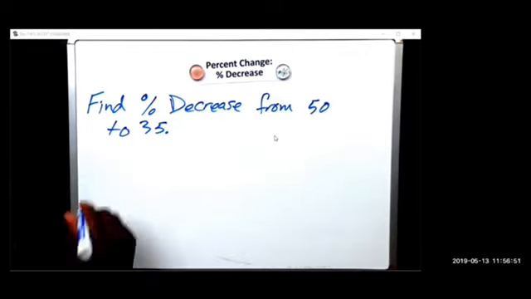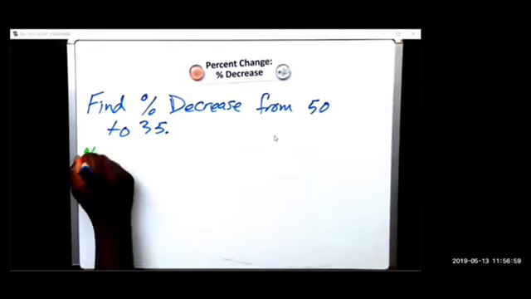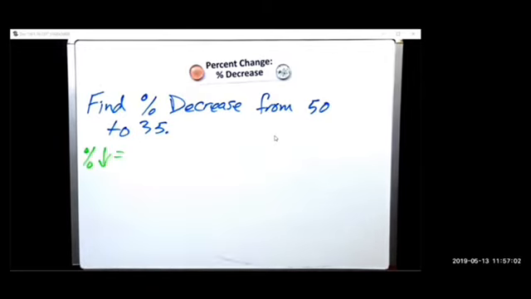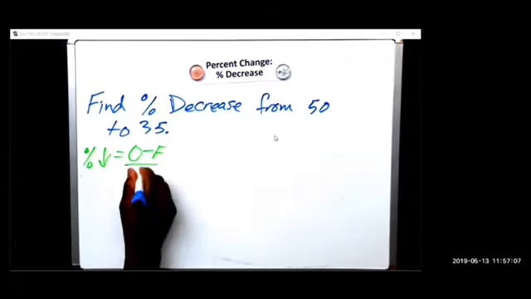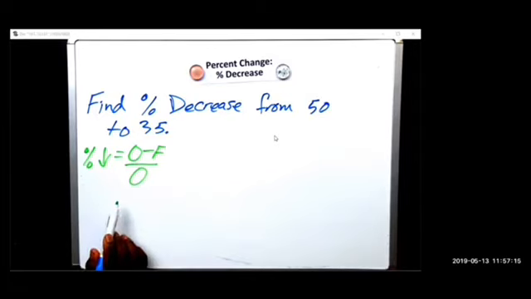In this case, I'm going to give you a formula for the percent decrease. For percent decrease, that is equal to original minus final divided by original. Notice the original is a larger number, 50. When we were dealing with percent increase, the final was a larger number. So if you want to make sure you don't get them confused, always start off with the larger number. Divided by the original is always in the denominator. Now I'm showing you how to think about how to memorize it, not get them confused.